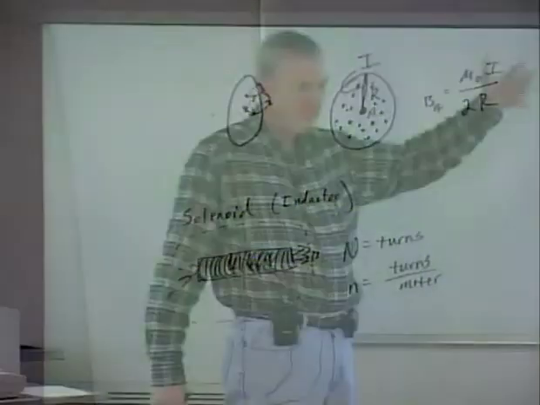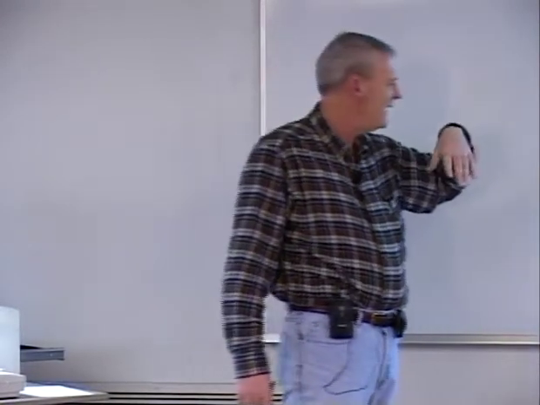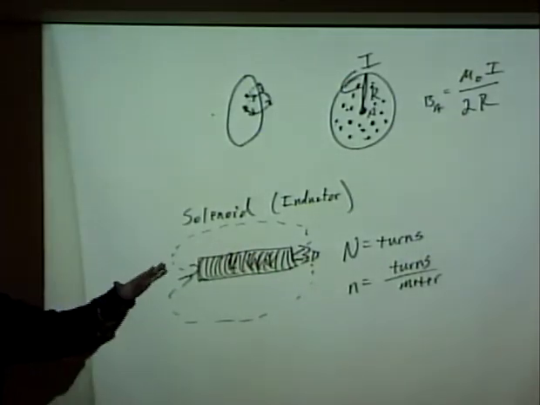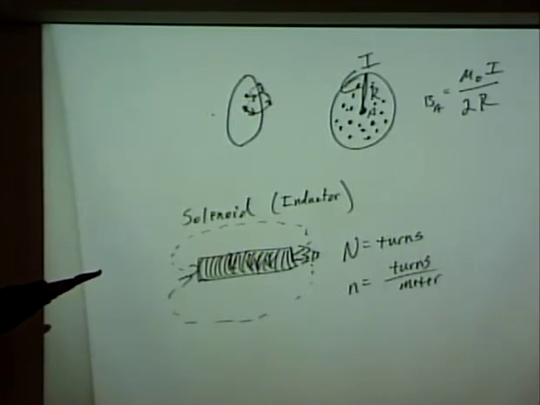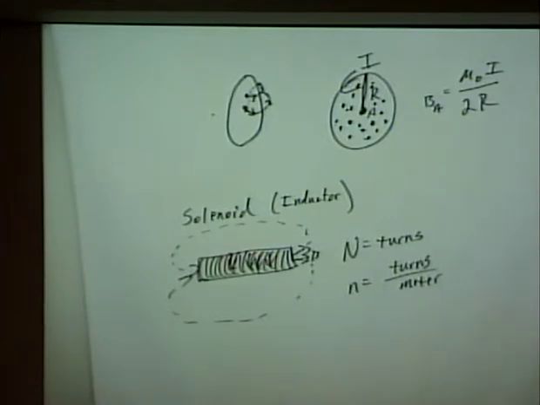I don't know if that's what it is, but a bunch of amps flowing through this thing. You get 100 amps flowing through this thing, it creates a B field, comes down, and that iron core picks up your car. And what happens as soon as he turns it off? It stops, and so you can drop it. That's the way you can turn magnets on and off: you make an electromagnet, and as soon as you stop the power to it, it shuts off, and boom, you can drop the car. All right, so that's a solenoid.